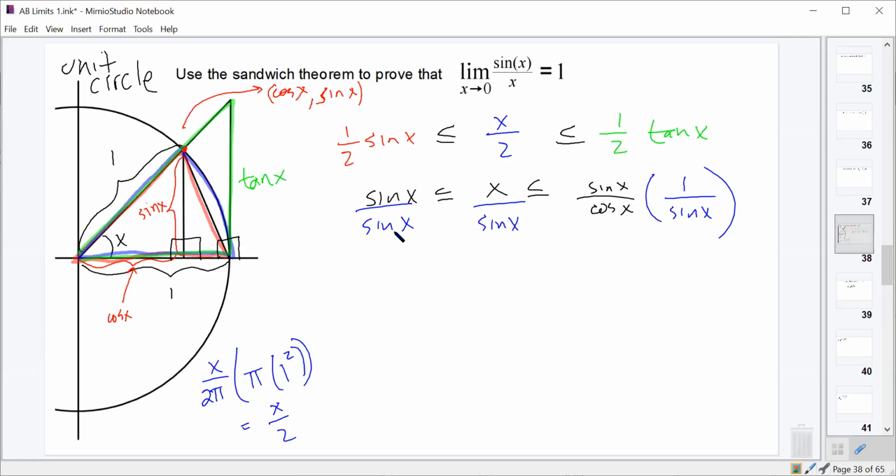And the sine in the first quadrant is always positive, so I'm dividing by a positive, so that shouldn't affect the inequality signs at all. So we end up with sine over sine, which is 1, is less than or equal to x over sine, is less than or equal to, well, those signs will cancel, 1 over cosine. Good or no?